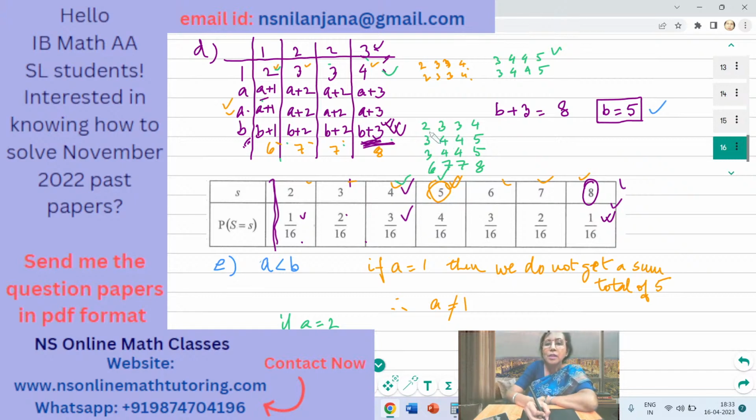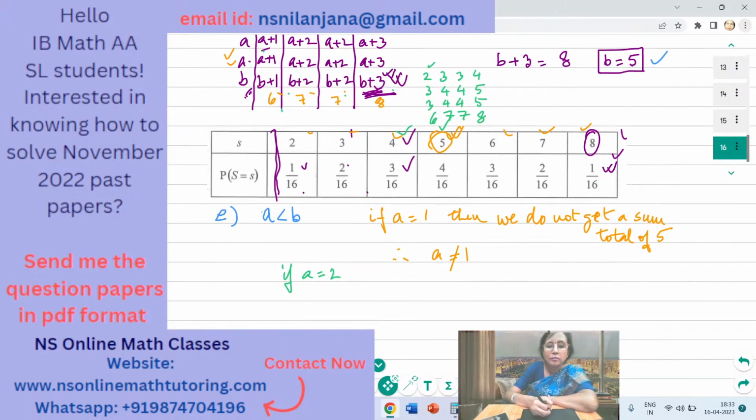So 2 is 1 over 16, fine. We are having 3, 3. So it should be 3 over 16, but it is not 3, 3, sorry. So it should be 4 over 16, but we are having only 2 over 16.